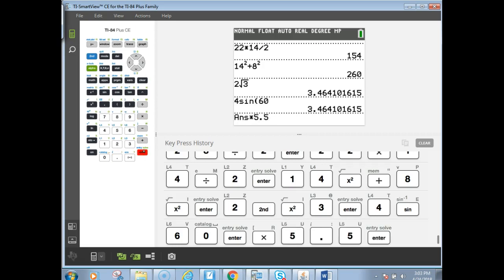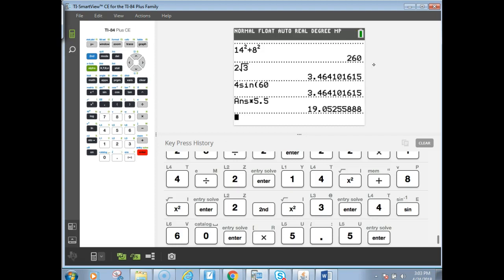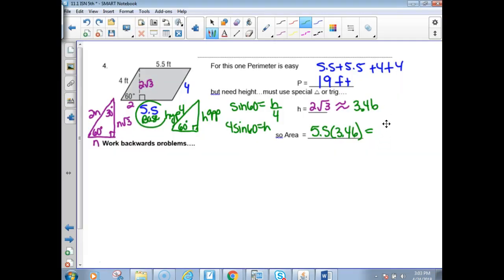It's not a triangle. You get 19.05. If you rounded it off, you probably did 19.03. If you had rounded this to 3.5, it would have been a little bit different. Don't sweat that, okay? And that would be in feet squared. Square feet, feet squared, however you want to say it.